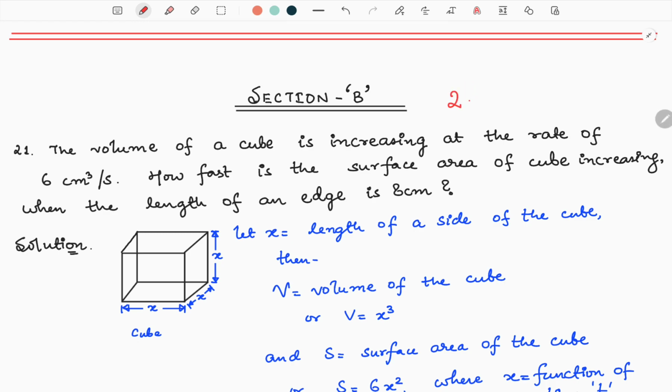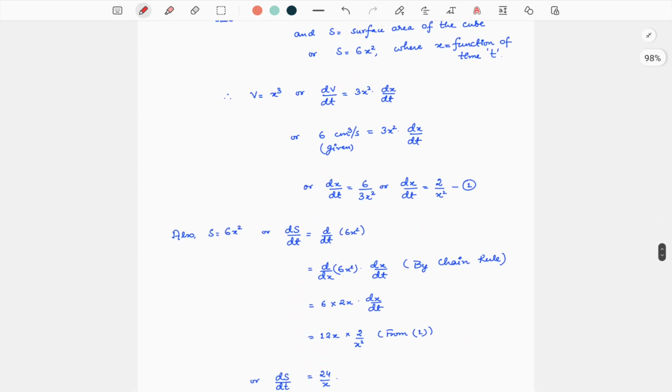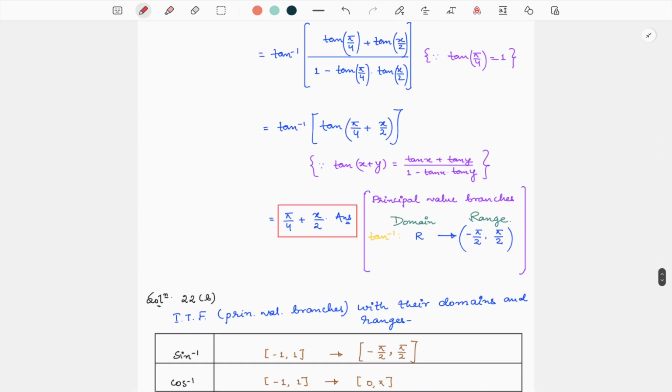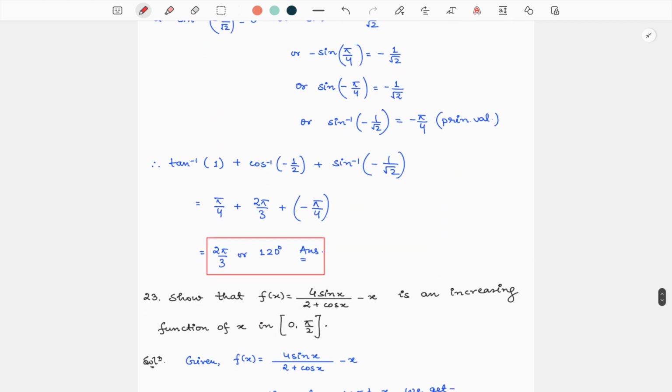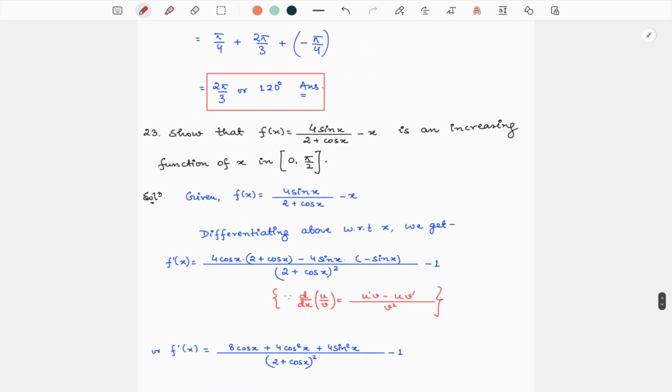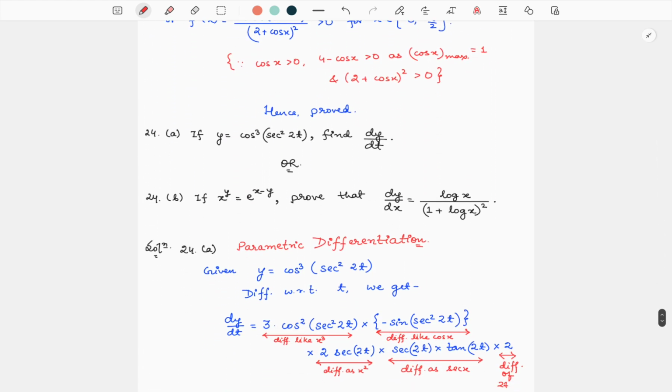5 questions of 2 marks each. Let me show you the questions. In 22, there are two options, and you have to do either one of them. 23 is single, and in 24 again you have an internal choice.